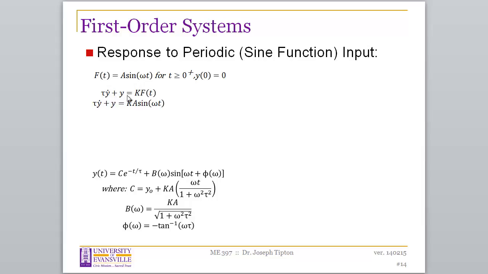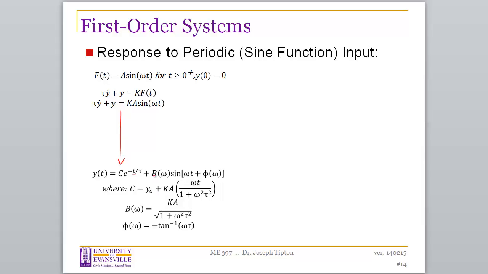So for my first-order model for my measurement system, I take my input signal and I replace it with a sinusoid. And I won't go into the mathematical solution process, but you learn this in Math 324. It ends up looking like some sort of a transient part that dies away with time, and then some sort of steady state response that oscillates at the same frequency as the input signal, but with a different magnitude and maybe a different offset.